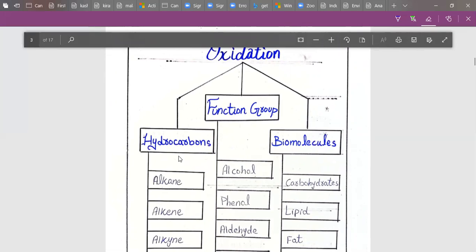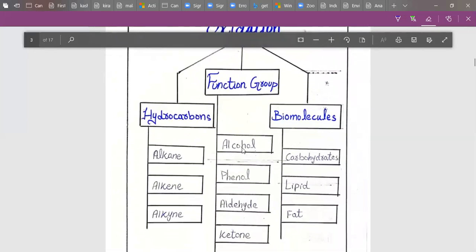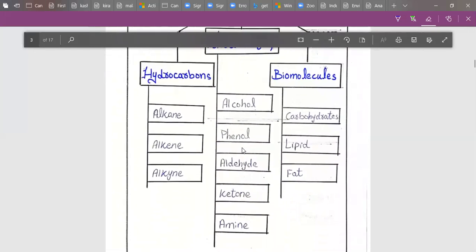The hydrocarbons contain alkane, alkene, and alkynes, and the functional groups contain alcohol, phenol, aldehyde, ketone, amine, and the biomolecules carbohydrates, lipids, and fats. These undergo the oxidation process, and the rest of the functional groups cannot go for the oxidation process due to many reasons.